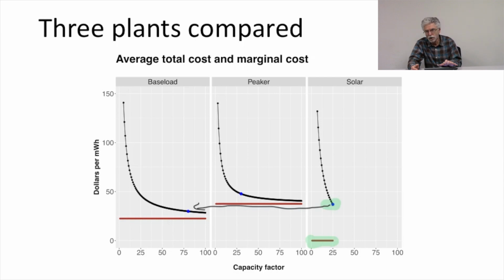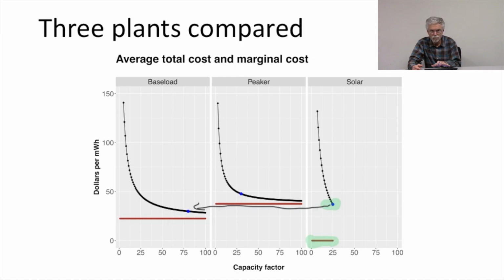These power plants all have different portfolios of services they offer to the grid. So even with these different long-run and marginal costs, we're going to need a portfolio of these assets on the grid.